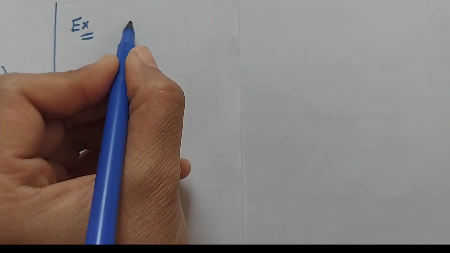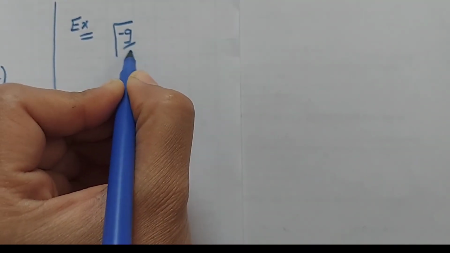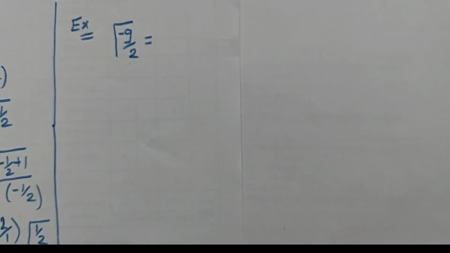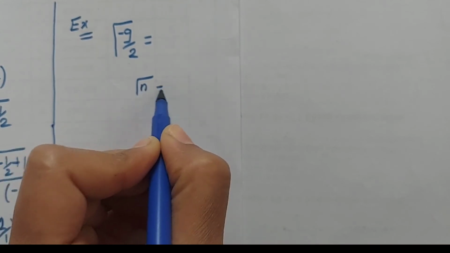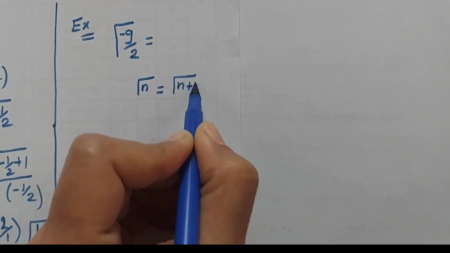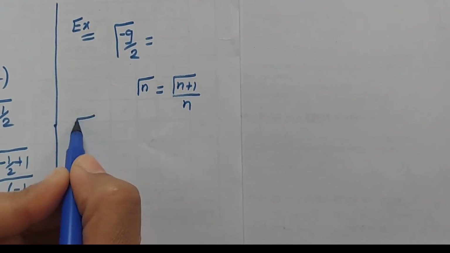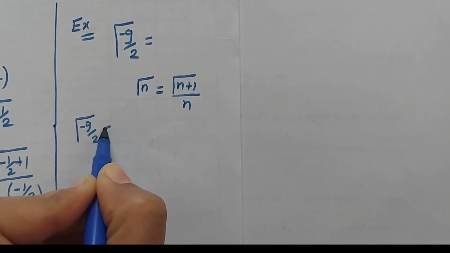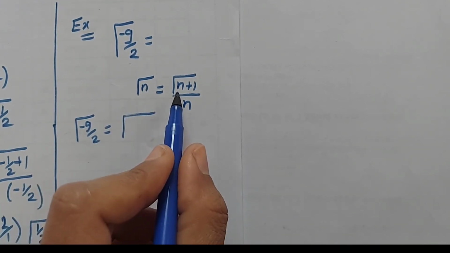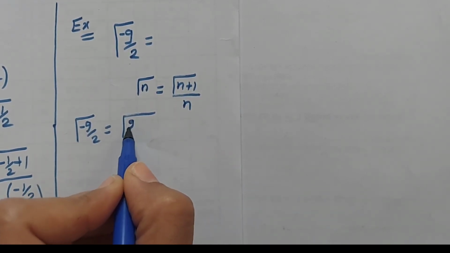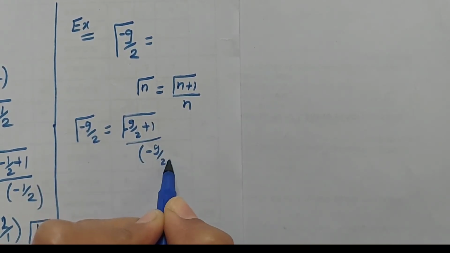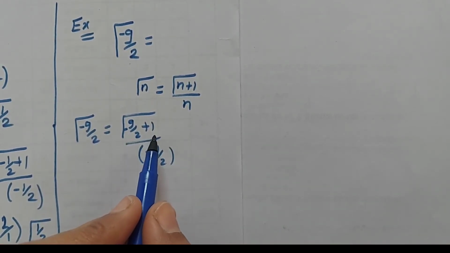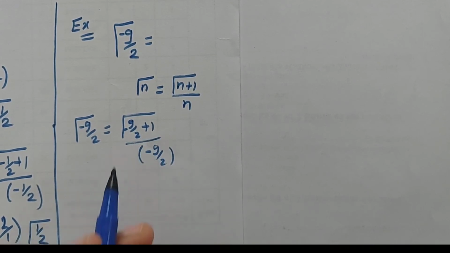Same way we can find the gamma of minus 9 by 2. Here for gamma of minus 9 by 2, again we have to use gamma of n is equal to gamma of n plus 1 divided by n. That means by using the property gamma of minus 9 by 2 is equal to gamma of minus 9 by 2 plus 1 divided by minus 9 by 2, and minus 9 by 2 plus 1 is minus 7 by 2.